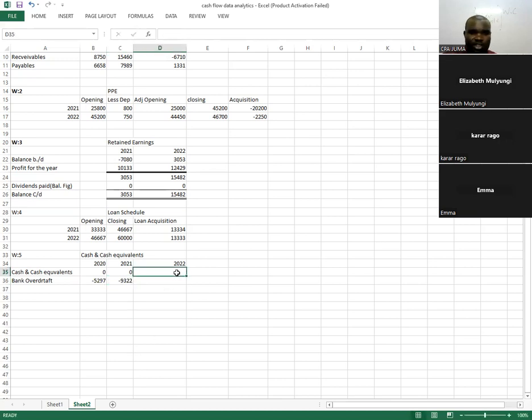Then 2022, cash and cash equivalent was 3823 positive. Then overdraft was 0. Yes, overdraft is 0. So now you get the net position.